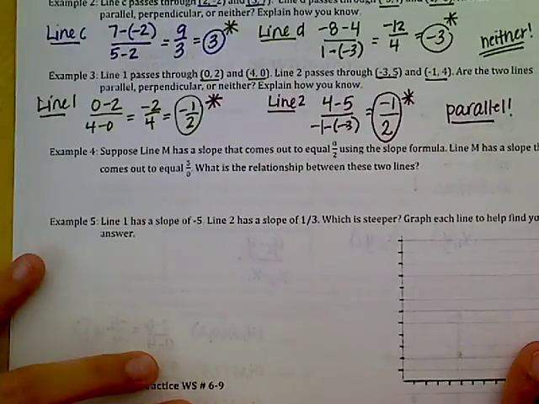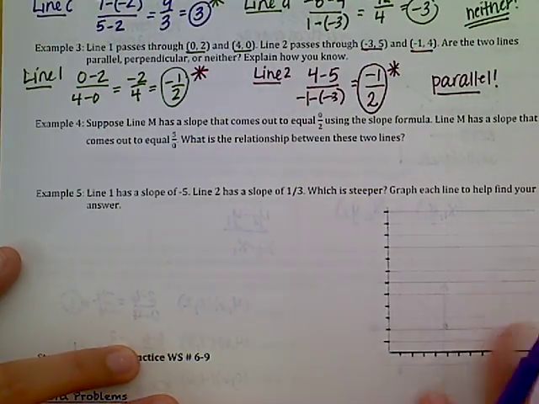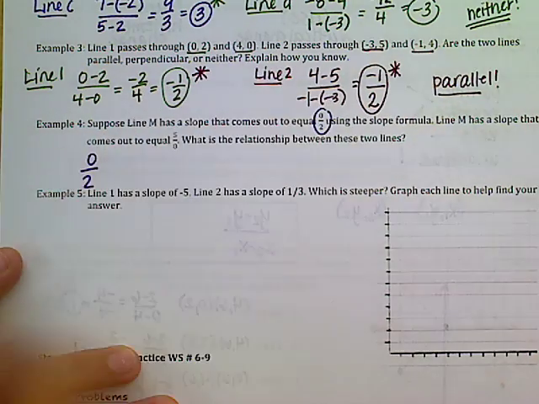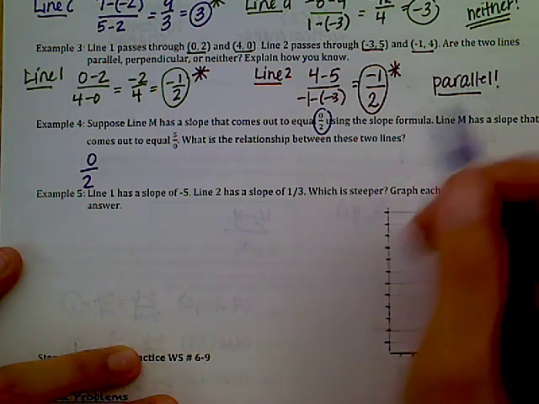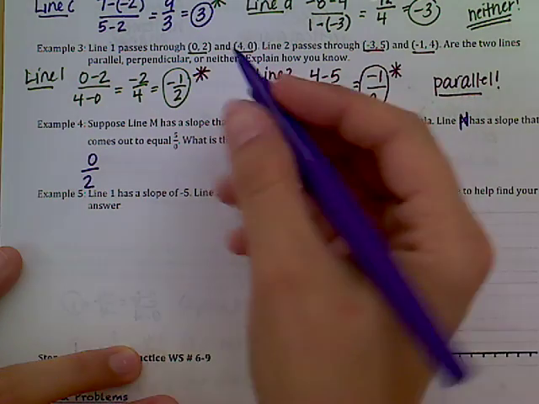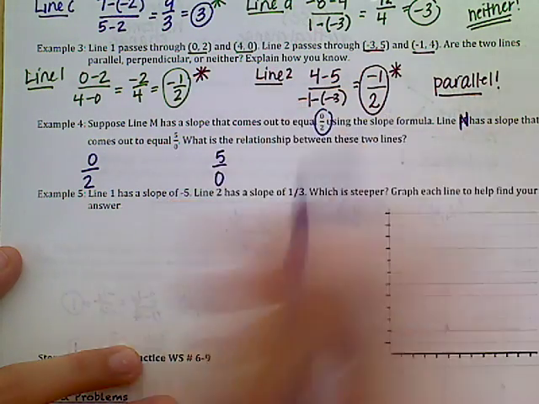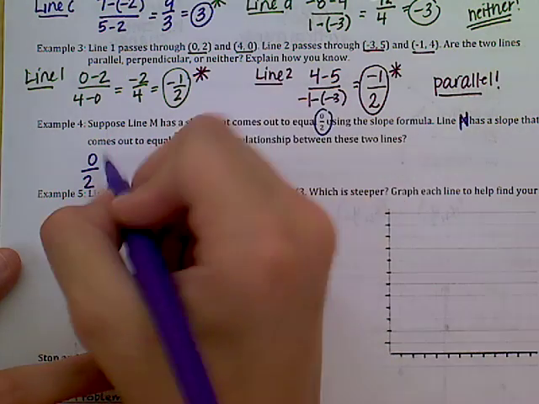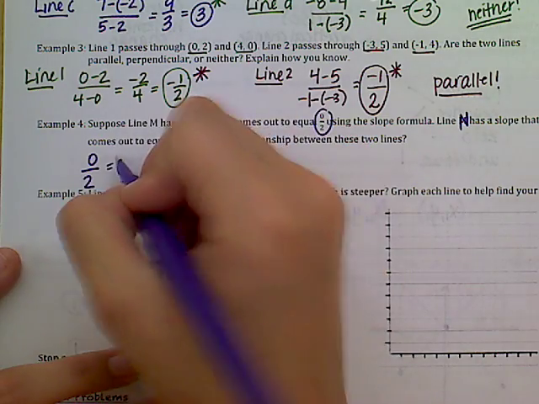All right, next one, example 4, says suppose line M has a slope that comes out to equal 0 over 2 when using the slope formula. The other line, it should say line N, has a slope that comes out to equal 5 over 0. What is the relationship between these two lines? So if we try to simplify 0 over 2, that simplifies to 0.